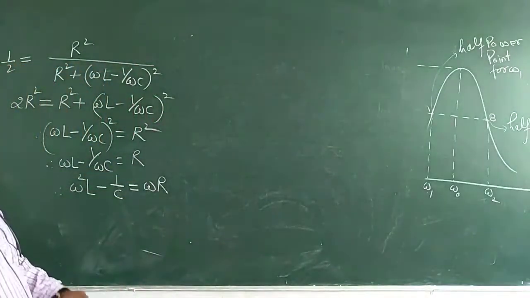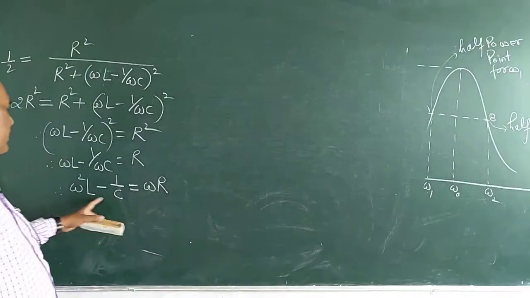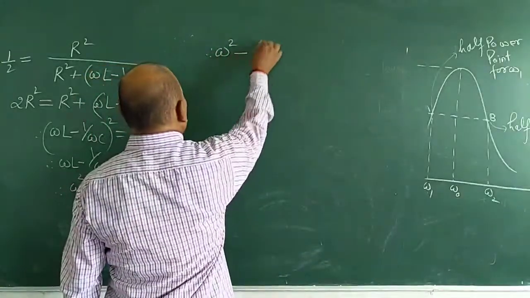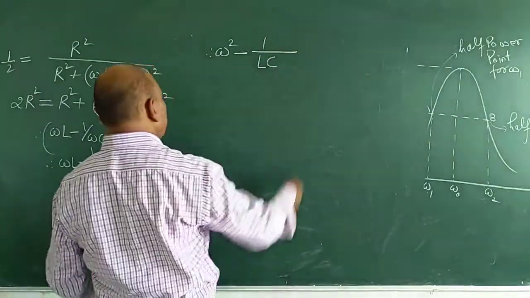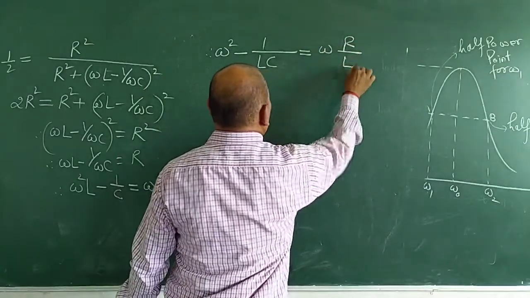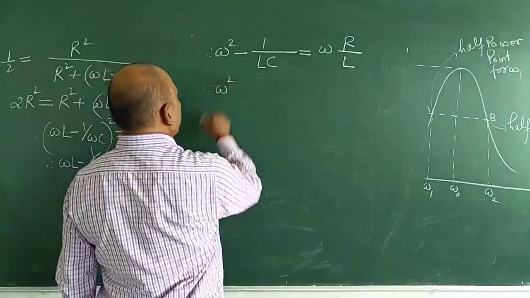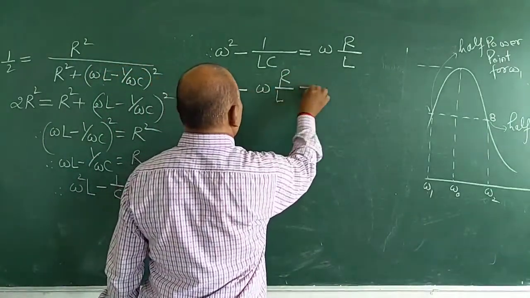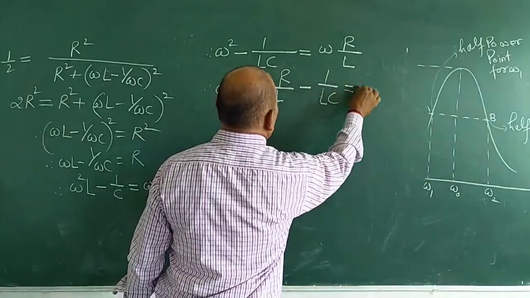Since omega is multiplied on both sides, we come to this equation, and when L is divided on both sides, this will be omega square minus 1 by LC equal to omega R by L. So this becomes omega square minus omega R by L minus 1 by LC equal to 0.